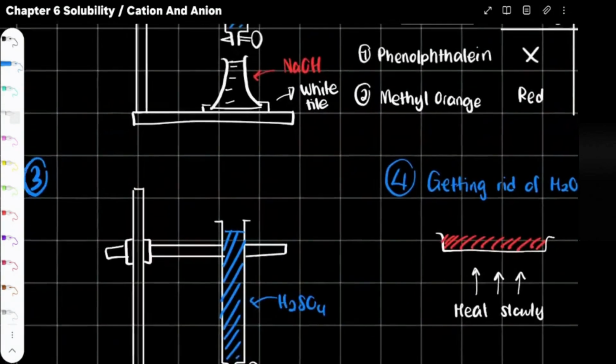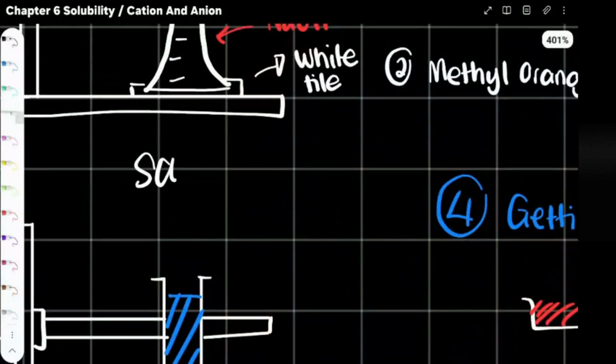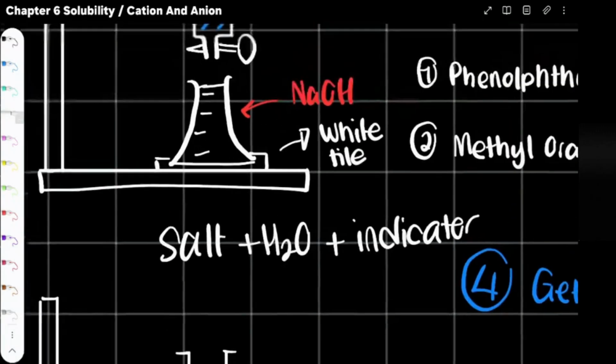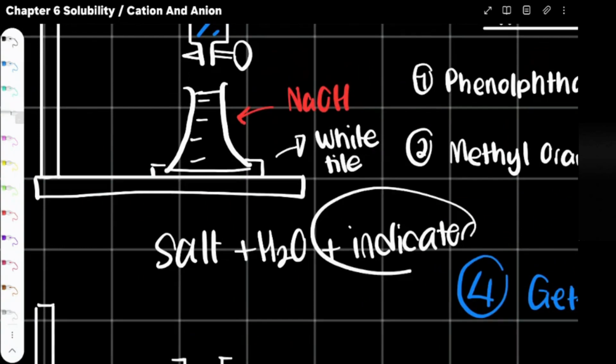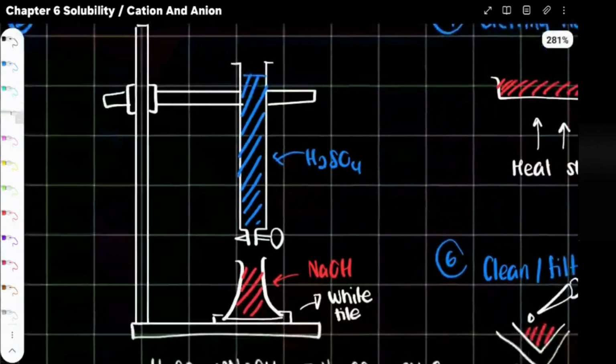Because what do we want in our salt? We want salt, right? Do we want water? No, but of course we can get rid of that later. What we also don't want is the indicator inside this solution. That's why we have to do it again without the indicator.